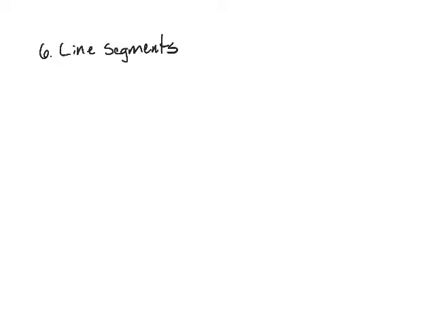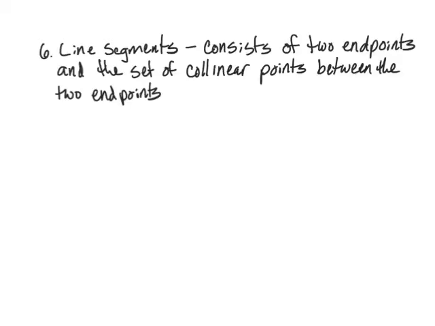Okay, line segments are next. So we're going to define a line segment. This is a lengthy description for something that's relatively simple. Basically, a line segment consists of 2 endpoints and the set of collinear points between the 2 endpoints.